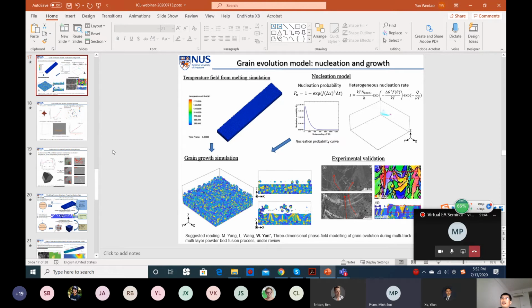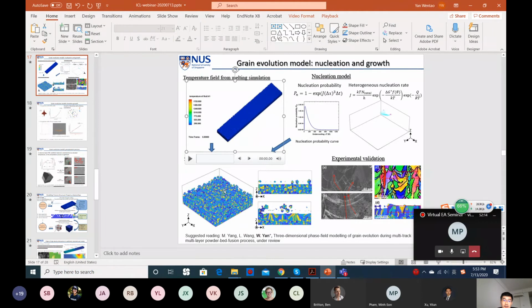Oh, okay. Currently, for large area comparison, this is mainly constrained by our computation power. You see, this melting simulation takes around 200 or 300 hours to run.